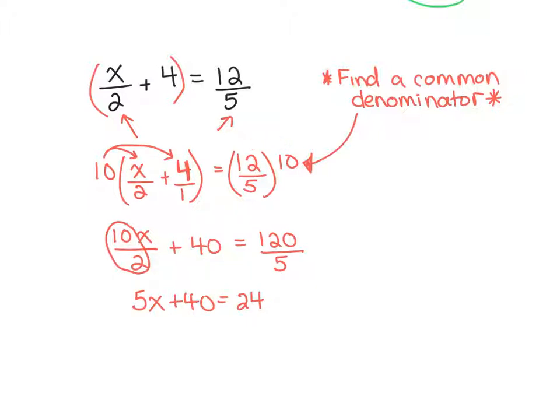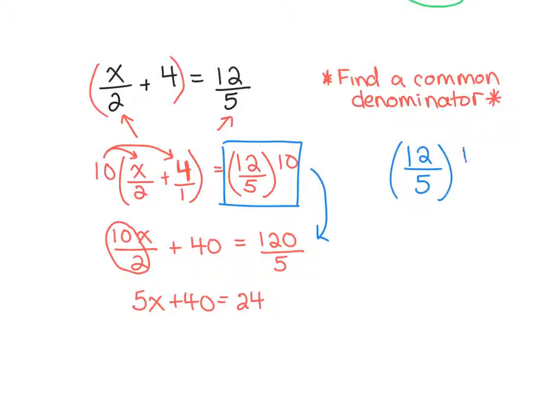And just to show you an alternate way of going from this step to this step: since I'm doing 12 times 10 divided by 5 right here, to make nicer numbers if I'm not using a calculator, I can reduce this fraction before I multiply it. I know that 10 divided by 5 is 2.